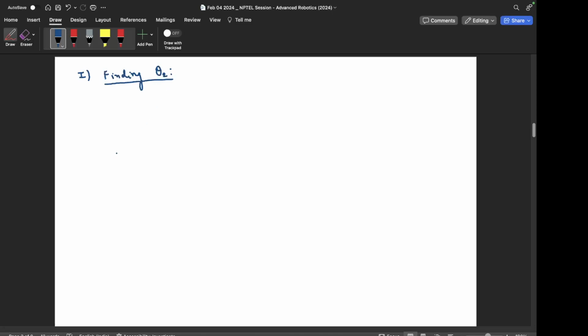For finding theta 2, what we'll do is square the two equations and add them. So Px square plus Py square. The expressions of the two positions I will rewrite once again.